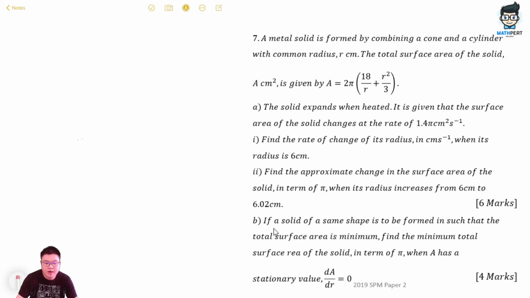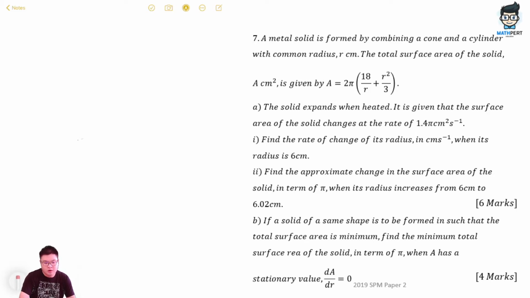Part B: if a solid of the same shape is to be formed such that the total surface area is minimum, find the minimum total surface area of the solid in terms of π when A has a stationary value, dA/dr = 0. Part B gives us 4 marks. Since this is a Section B question, question 7 has a total of 10 marks.